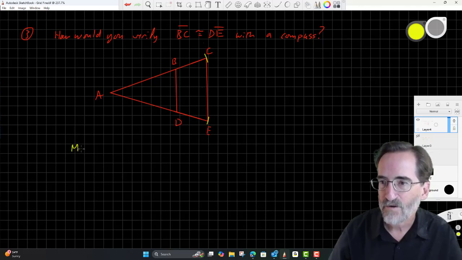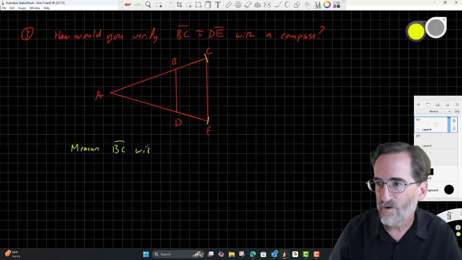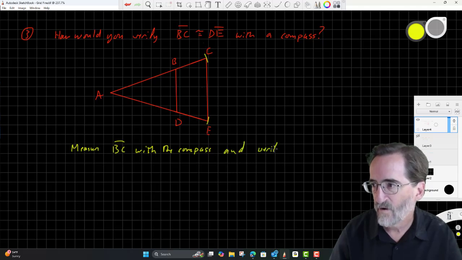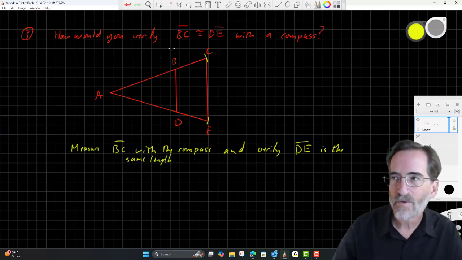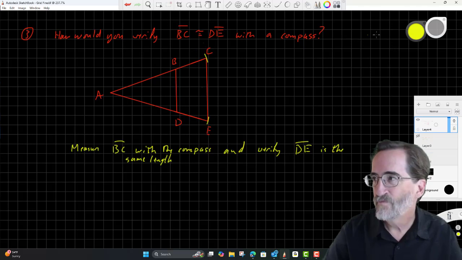So measure BC with the compass and verify DE is the same length. Okay. Number 4.